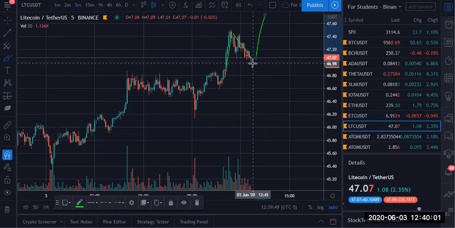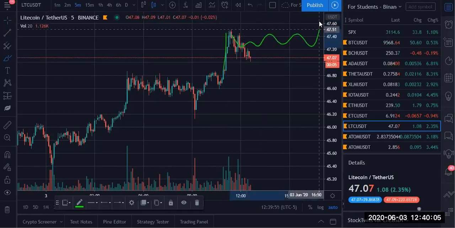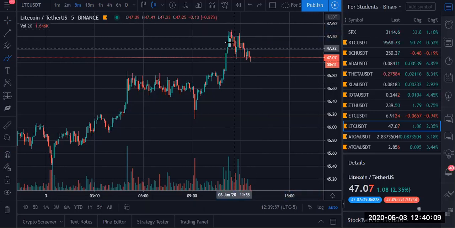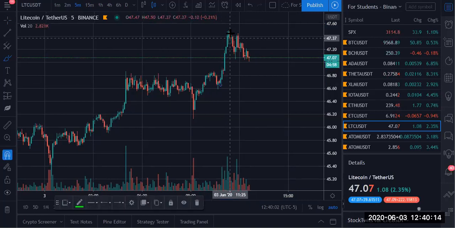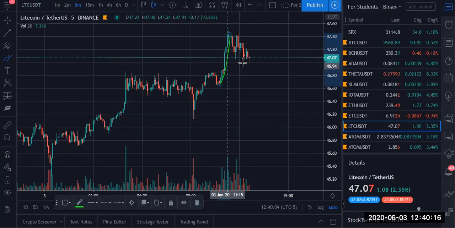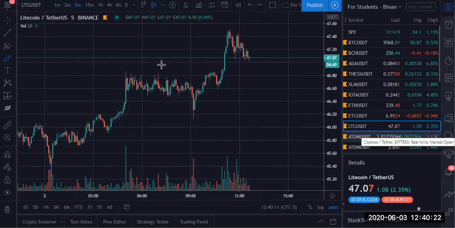Other ones do that and then they take off. In this case, I'm looking at it from here to here, and somewhere around this point it's really on the edge of being invalidated. So that's how you would scan.